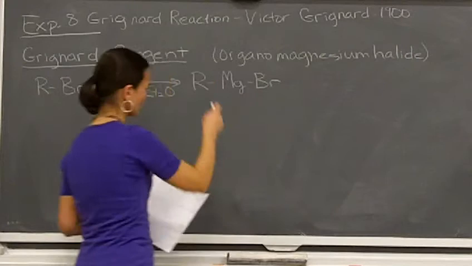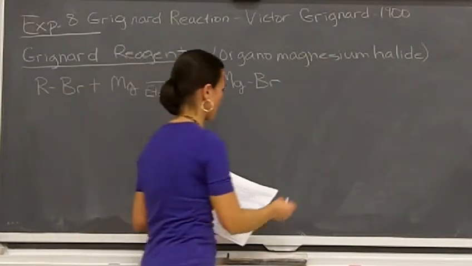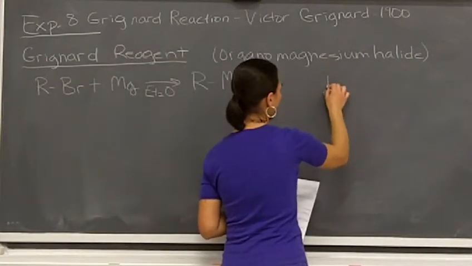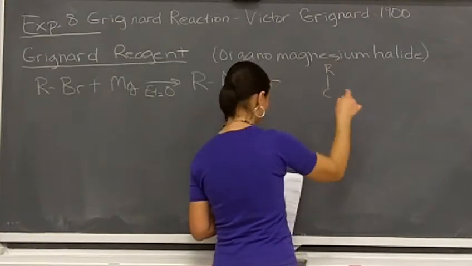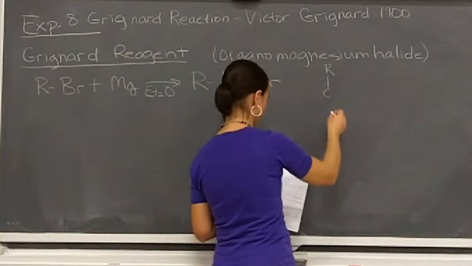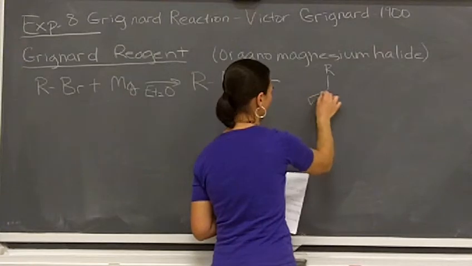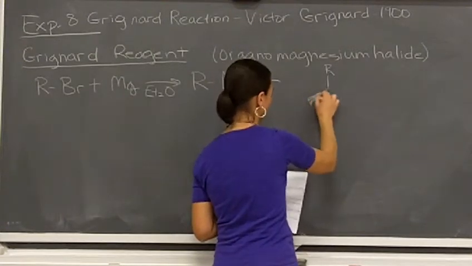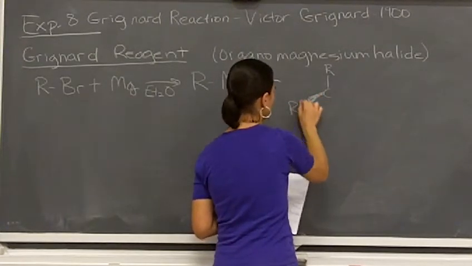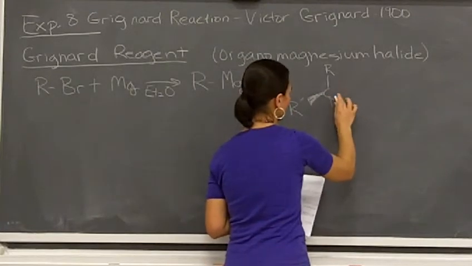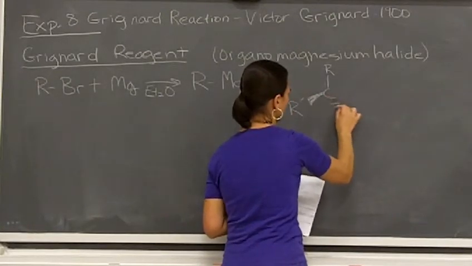And what we get with this is we actually end up with something that has a partial positive charge on the magnesium because it's a metal, and so to counteract that, we're going to have a partial negative charge on the carbon, which is also unusual. Usually, if anything, carbon's going to have a partial positive charge.